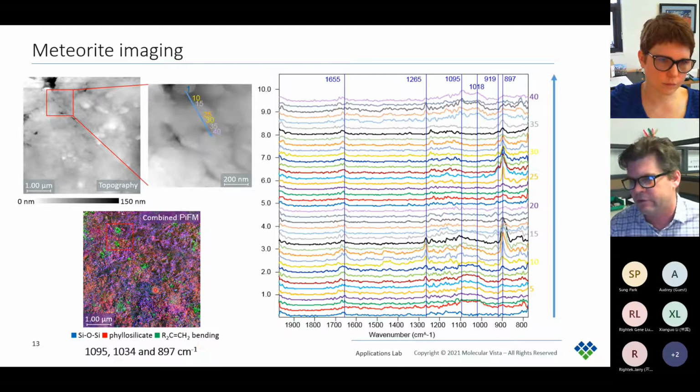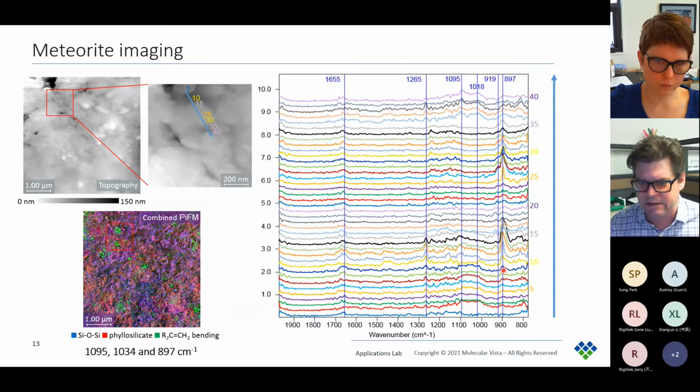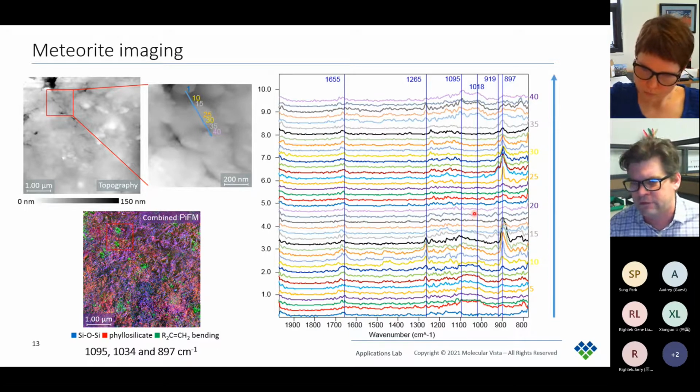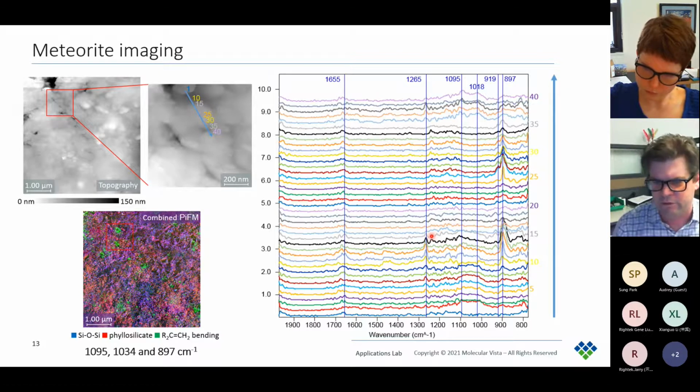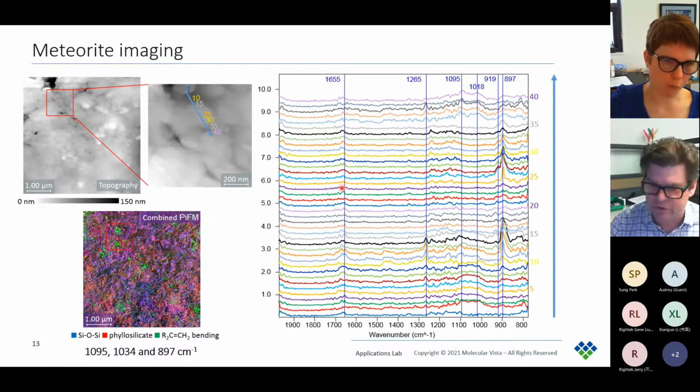It's not homogeneous. And you're seeing that same response spectrally, that certain regions within that smaller box will have stronger responses at 897, as shown here, or at 1035, or at 1095. And those we've assigned accordingly to the silicon oxides, the phyllosilicates, and so on. So again, just to really showcase the power of that 10 nanometer spatial resolution and spectral resolution.